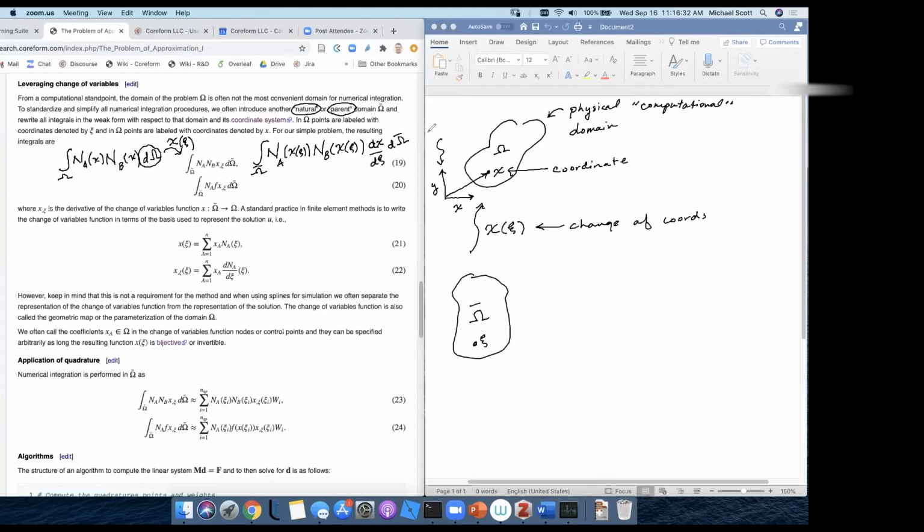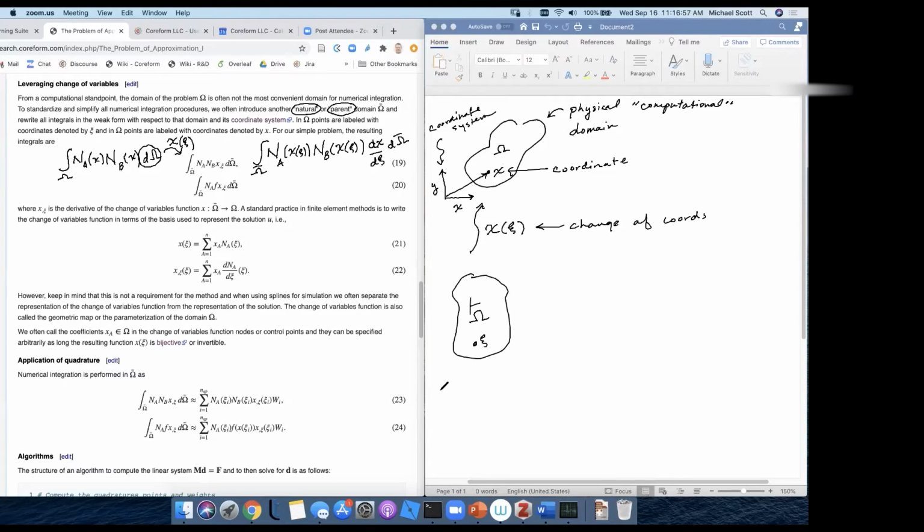And so a coordinate system is a way of labeling all the points in a particular domain. Okay, so depending on the system that you choose, these labels will change because they depend on the system that you choose.